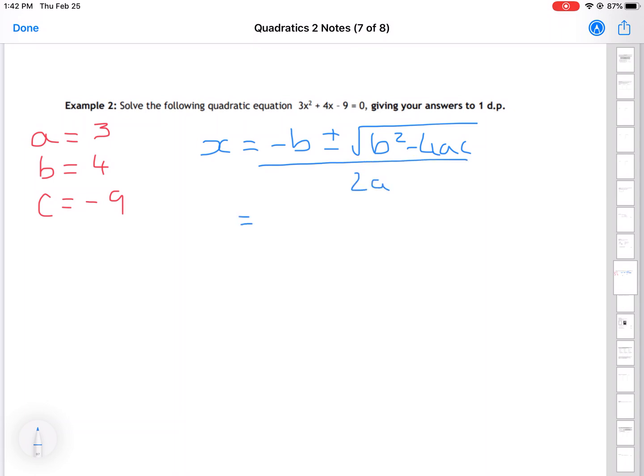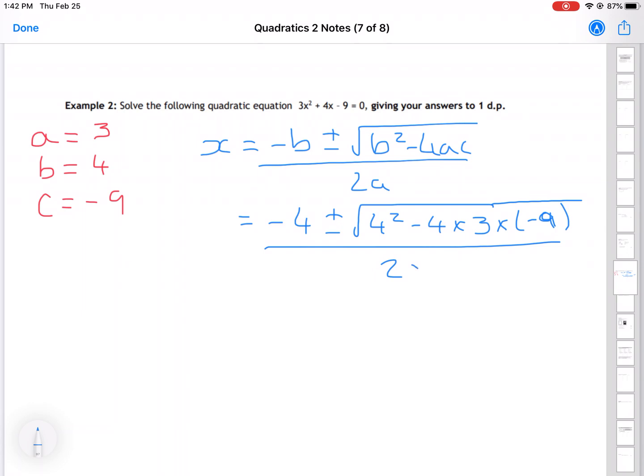So negative b, well b is 4, so it's negative 4 plus or minus the square root of 4 squared minus 4 times a is 3 and c is negative 9. And then that has to be all over 2 times 3.